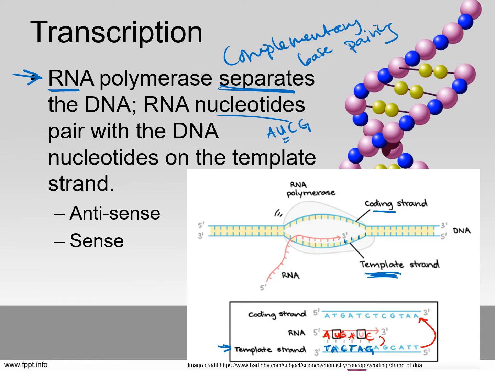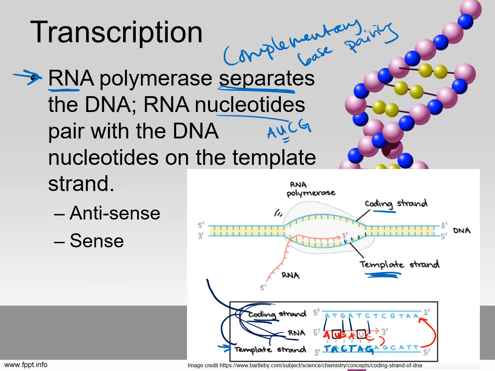If I look at my coding strand and the RNA strand, they match with the exceptions of the A's and the T's and the U's. So otherwise they're a match. So because they match each other, because they're both complementary to the template strand, we call this the coding strand, because its code matches, even though I didn't use it to make the code.